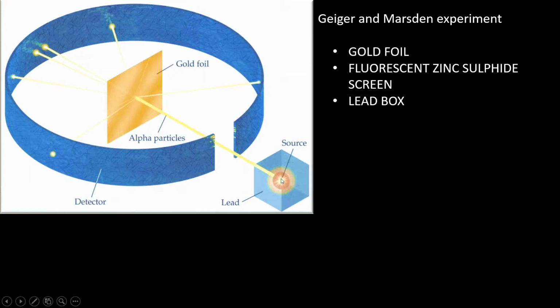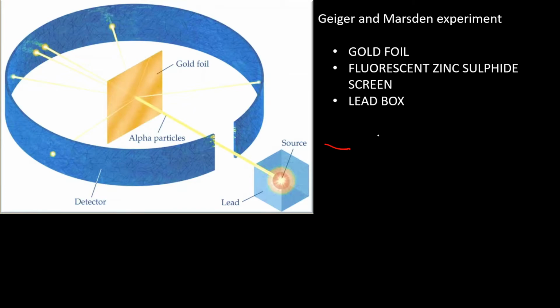Friends, I would like to add a few things about why he chose particular things in his experimental setup. He chose gold foil. Gold is the most malleable material, hence it can be drawn into thinner and thinner sheets, so that when we bombard the alpha particles, they pass through very few atoms due to the very thin foil.